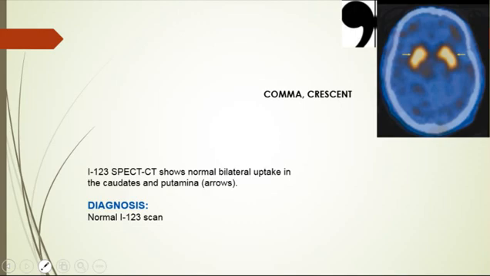Normally there is bilateral symmetrical uptake in the caudate and the putamen, what's called coma sign, this sign. Okay? Indicating a non-nigrostriatal etiology like Alzheimer's dementia, essential tremor, vascular or drug-related, will not respond to dopamine therapy. So it is very important to know if it is normal appearance on SPECT, then dopamine therapy will not be needed because it is not dopaminergic degenerative disorder, it will not respond.